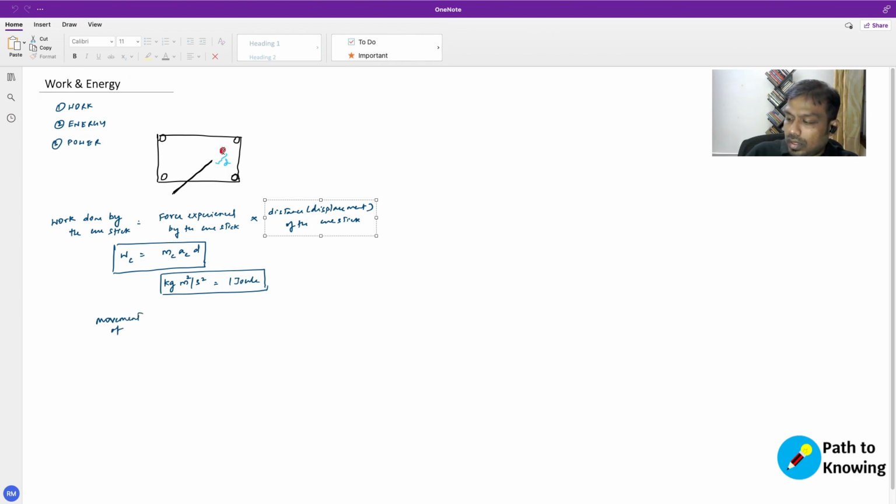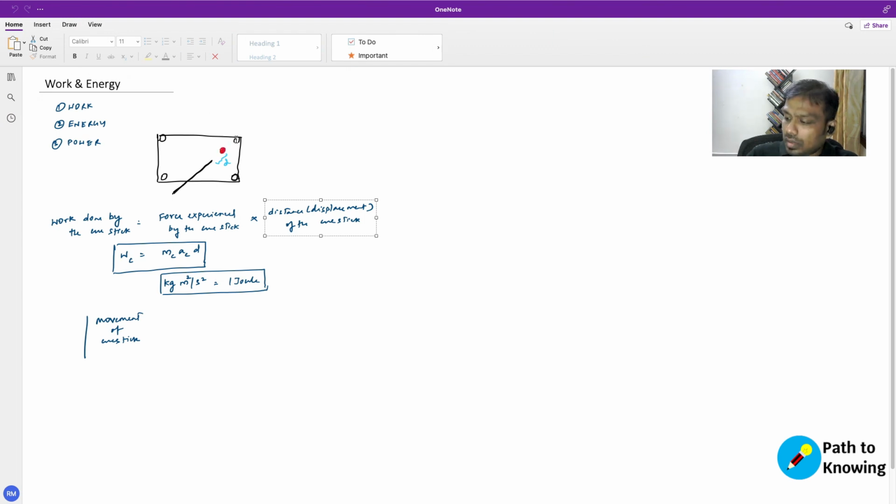So to put that into perspective, movement of the cue stick is actually the work done by the cue stick, and what resulted out of that? It resulted in the movement of the ball to the pocket.